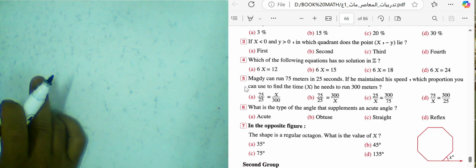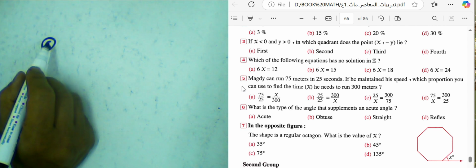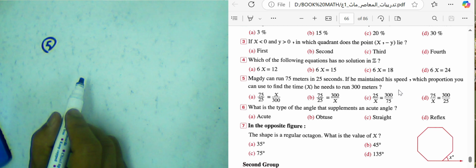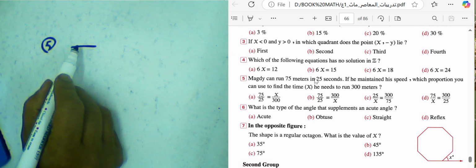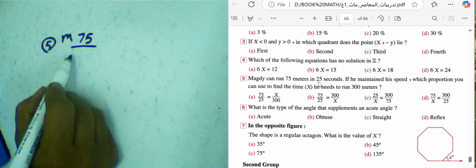Next question, number 5. Magdi can run 75 meters in 25 seconds. If he maintains his speed, which proportion can you use to find the time x he needs to run 300 meters? We can combine the number of meters and the number of seconds.